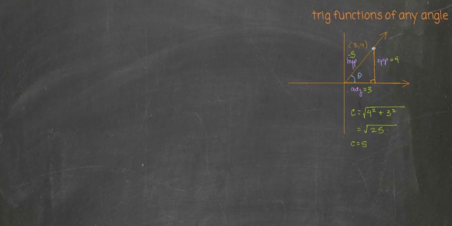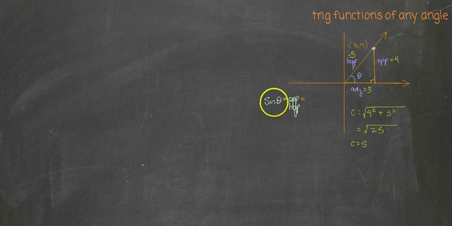Now I can assign trig functions. I can say that sine of theta is equal to the opposite over the hypotenuse. Although now that we're dealing in trig functions, we don't have to use opposite and hypotenuse anymore, because our angles are very firmly attached to the Cartesian plane.